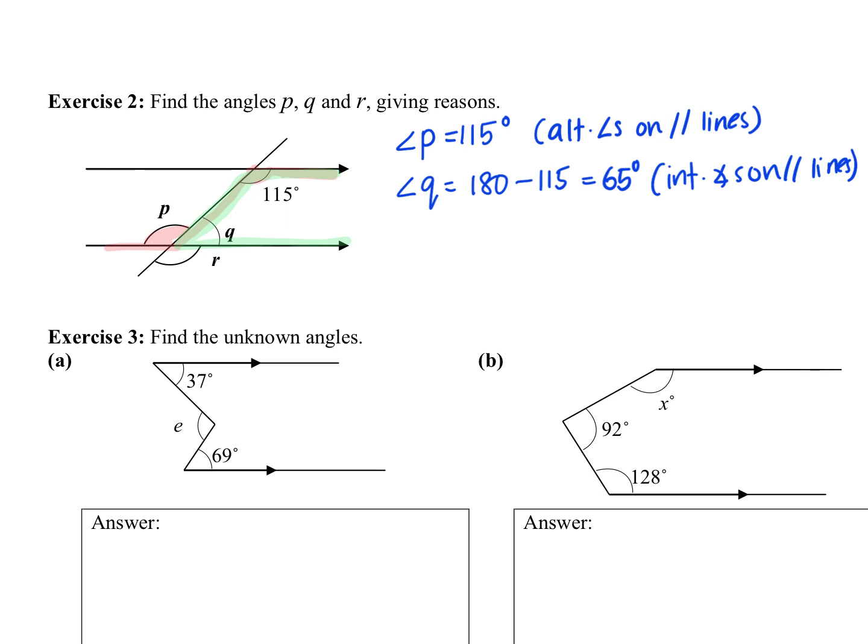And last but not least, I can use it to find angle R. Obviously we can find it using vertically opposite angles, or if you use the angle properties of parallel lines, you'll see that there's a letter F over here. Then in this case, angle R will be equal to 115 degrees. This is simply by the property corresponding angles on parallel lines.